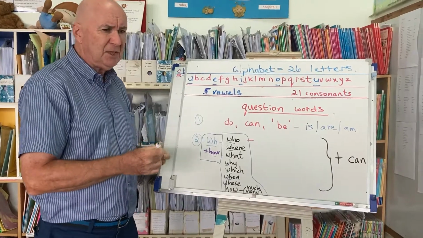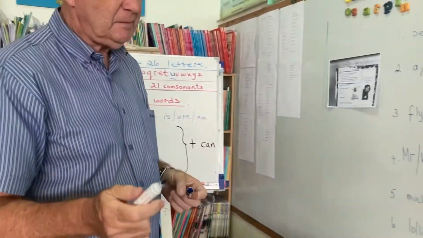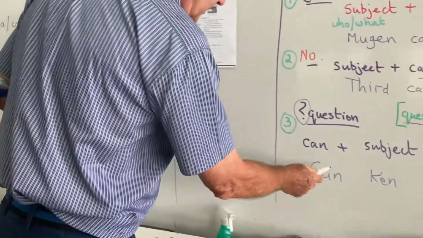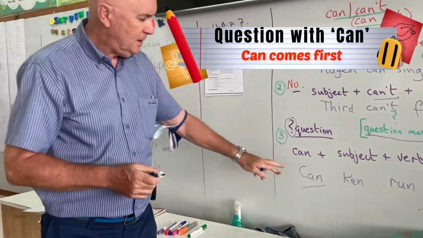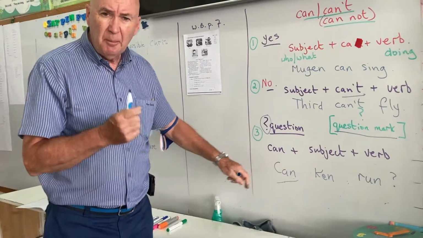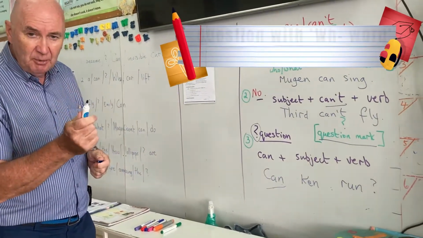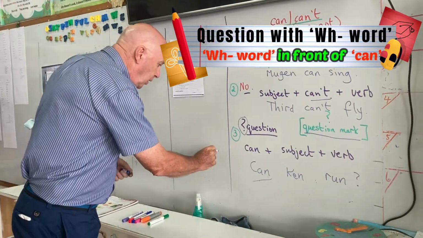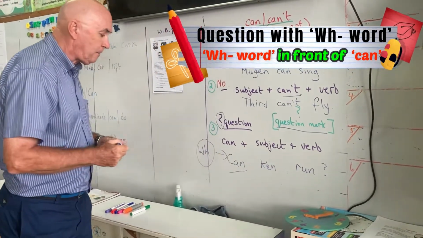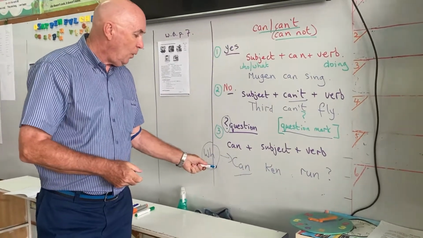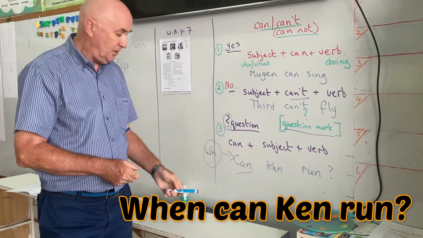So, let's go back over here and look at our question here. So if we're making a question with can, can comes first. But if there's a WH word, that will always come in front of can. So, when can Ken run?